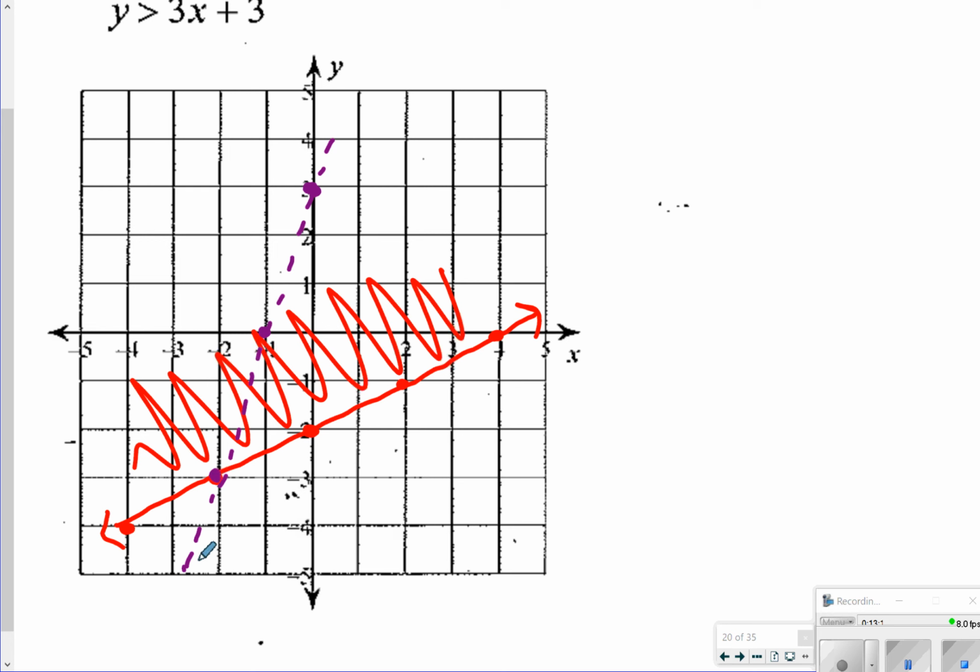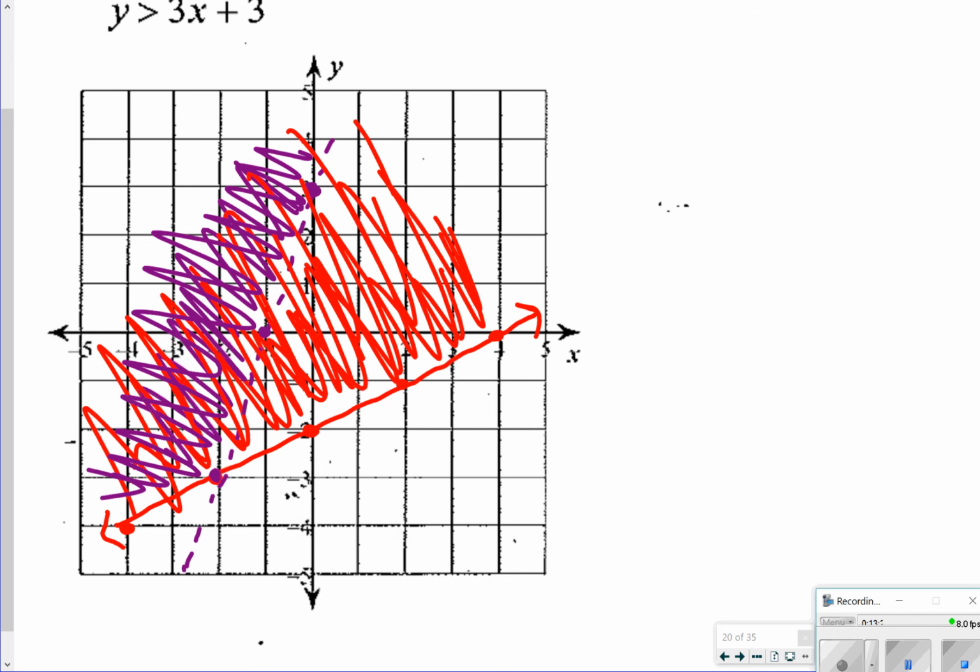And then notice when we intercept, it would be at this point, which would be our overlap. So basically anything from the purple and red on, that would be your solution.